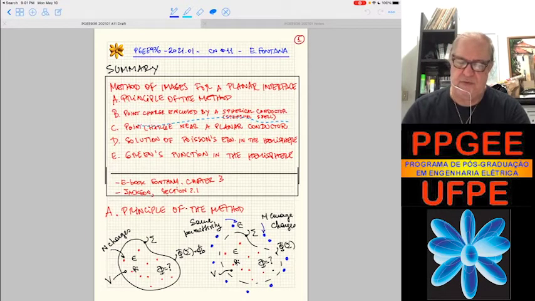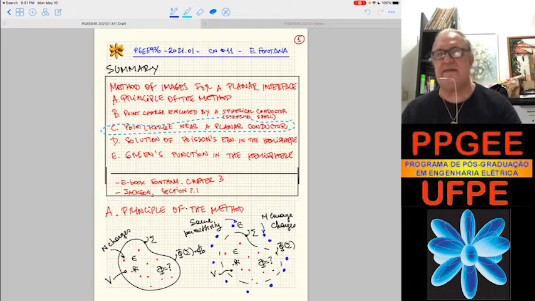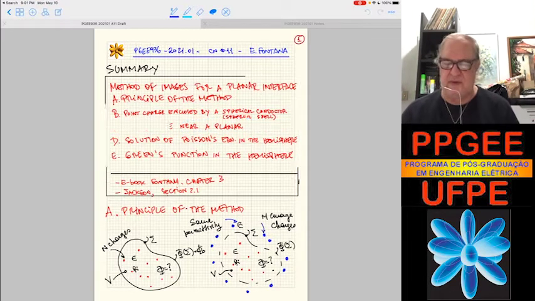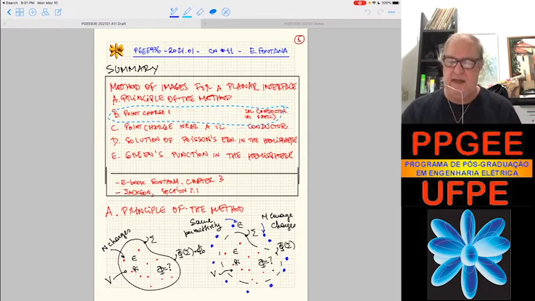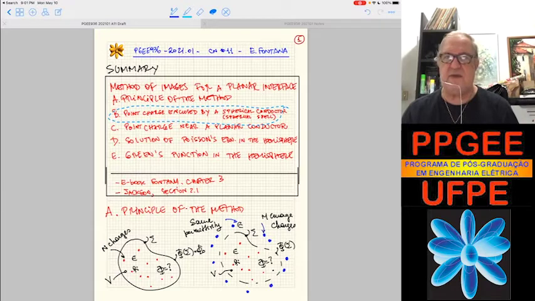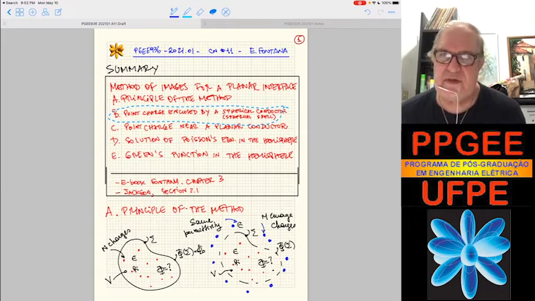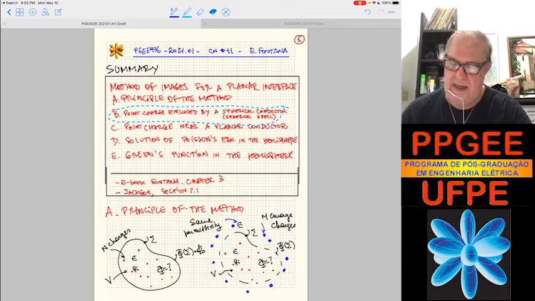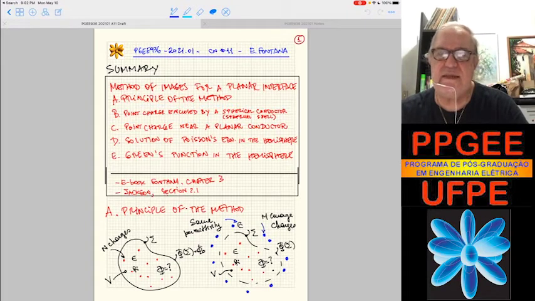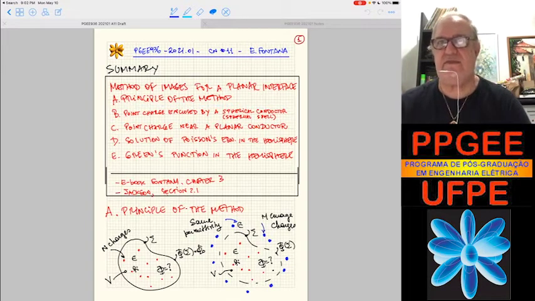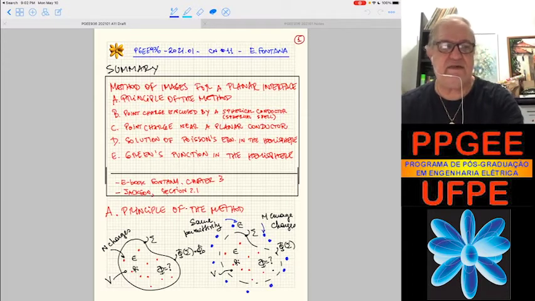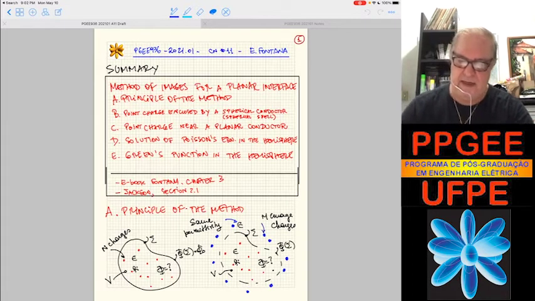Then, because these examples are very nice for us to understand the concept of shielding, okay? And how we are going to address the method of images for other types of surfaces different than planar surface, curved surfaces.